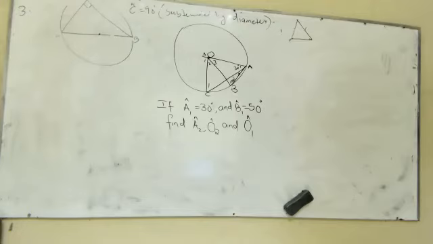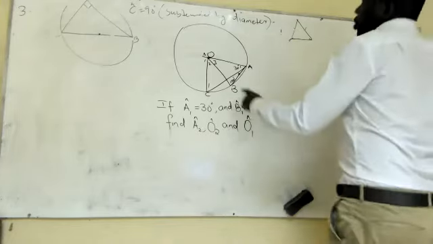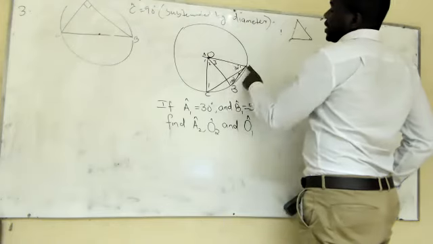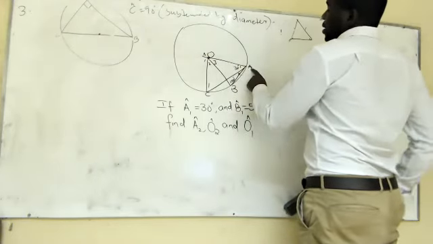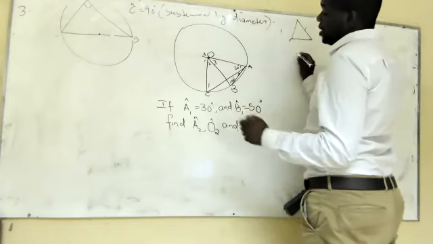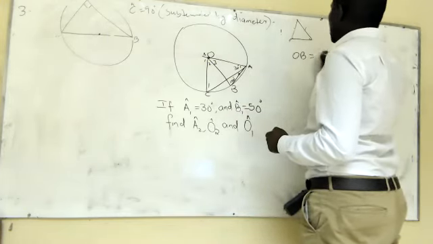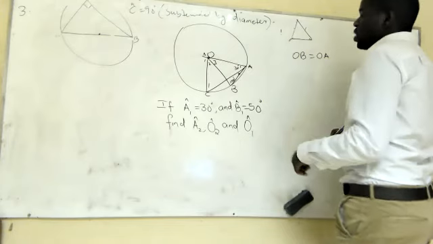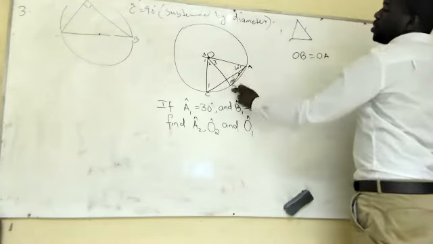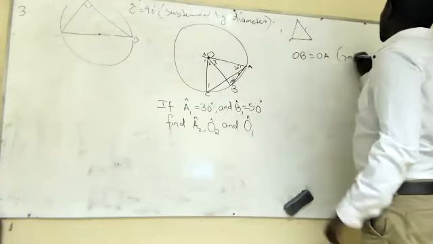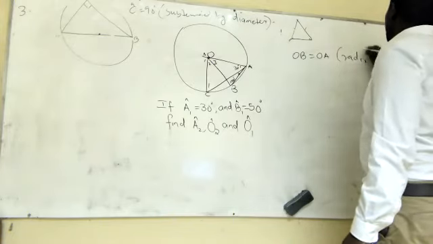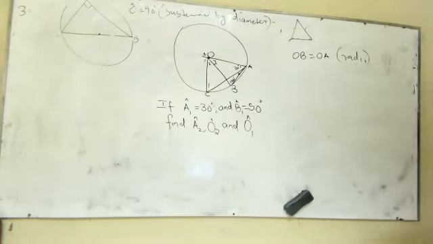The distance from the center of the circle to the circumference, what do we call it? It is the radius, or radii. This is exactly the same as the distance from O to A. So you can now claim that OB is equal to OA. If anyone asks you why OB is equal to OA, the answer is that the two sides are radii.